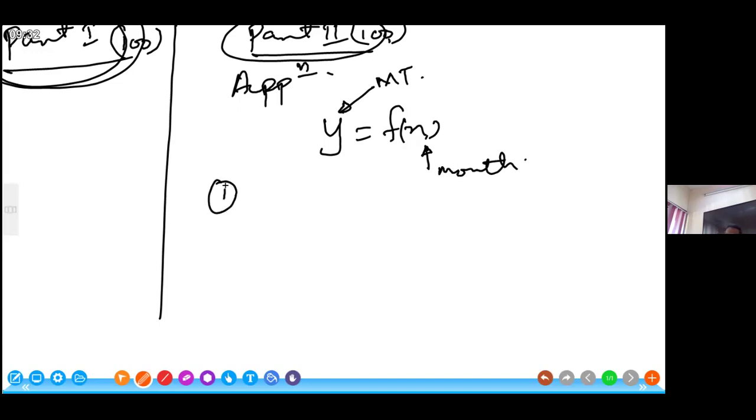First question is find the month of minimum production and maximum production. So what will you do to find out the minimum and maximum?